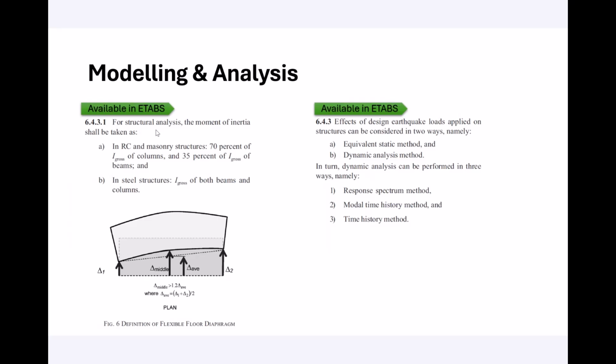And then you have to decide on the diaphragm type, whether it is rigid or semi-rigid, or in other words, it is also called the flexible diaphragm in the code. So we have to check this after the modeling, a first analysis, to identify this. Right. But the general assumption is that for concrete slabs, it is unlikely that the slab will have large in-plane deformations.